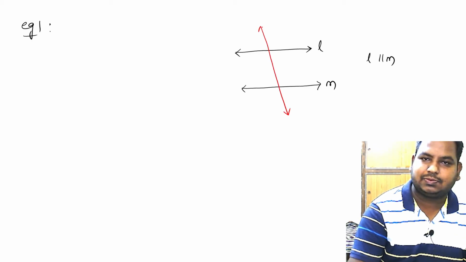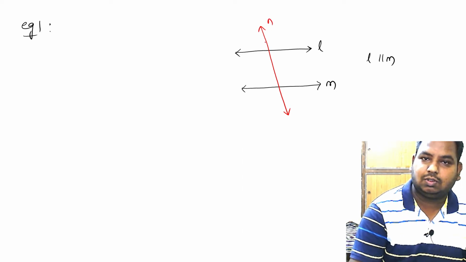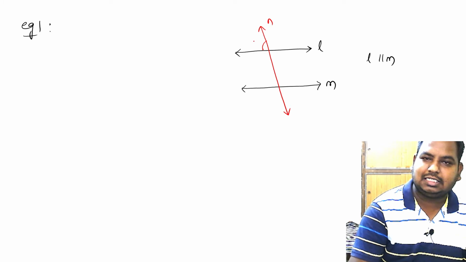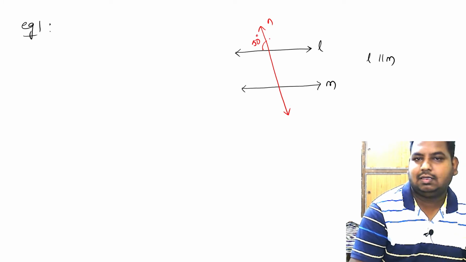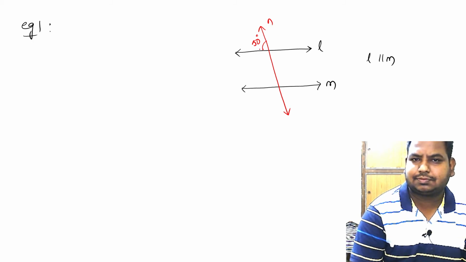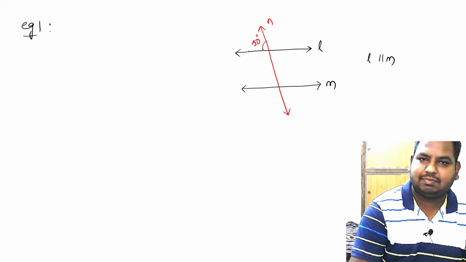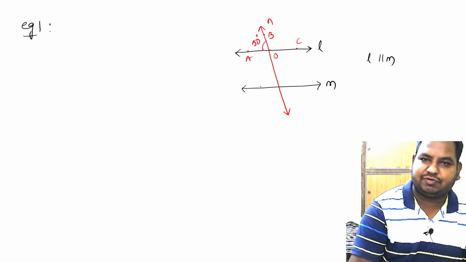N is a transversal. Okay, so this angle is 50 degrees. Let me name the angle. It's angle AOB. Angle AOB is 50 degrees.